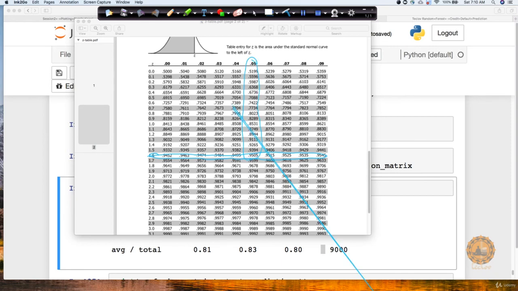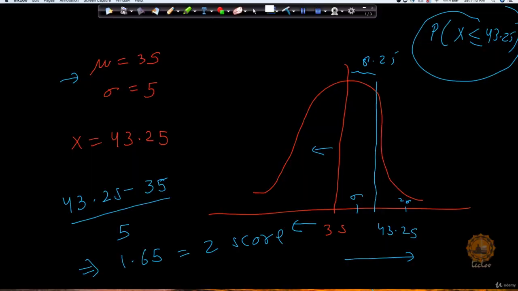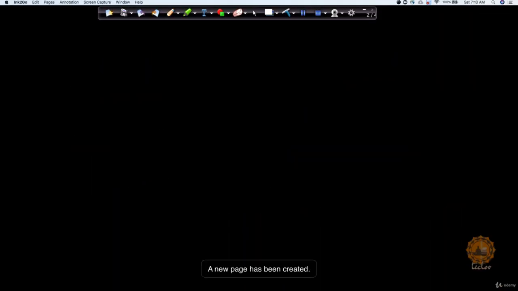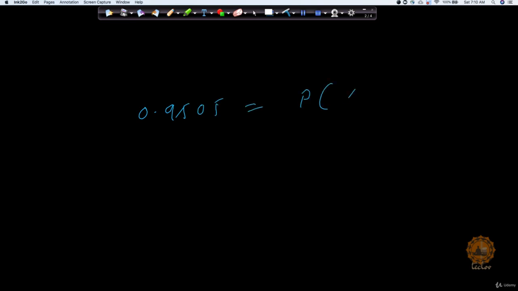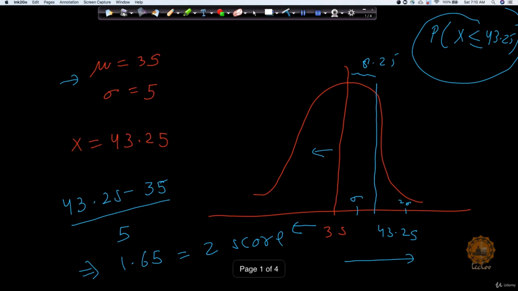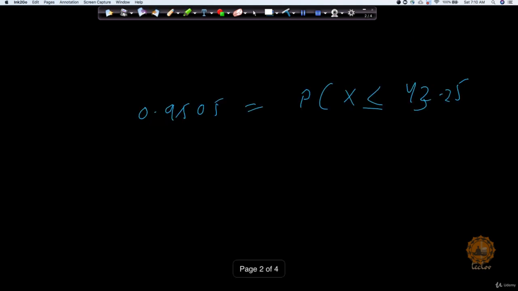So we got the value of 0.9505, right? 0.9505. This is the value which is the probability. This is the answer for the probability that the commute time is less than 43.25. So this is how you will be computing this particular data.